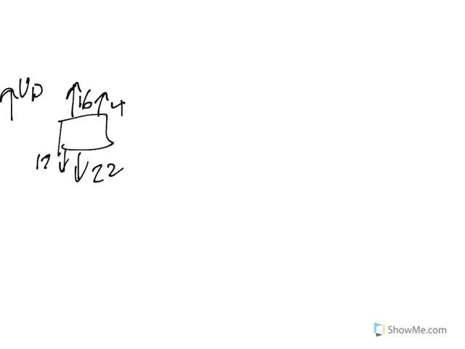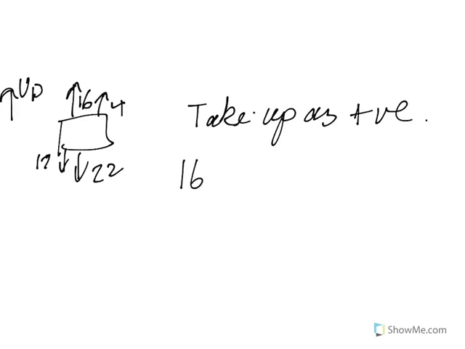17 down. Now, one way of doing it is to assign a direction as being positive. So here we can take up as positive. So what that means then is this 16 up is just positive 16.